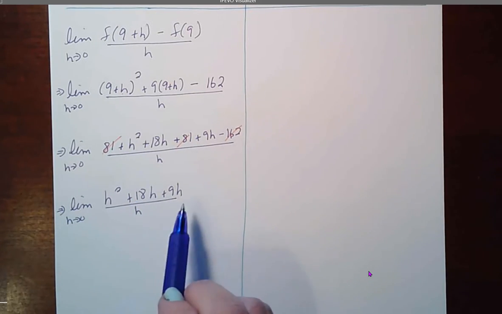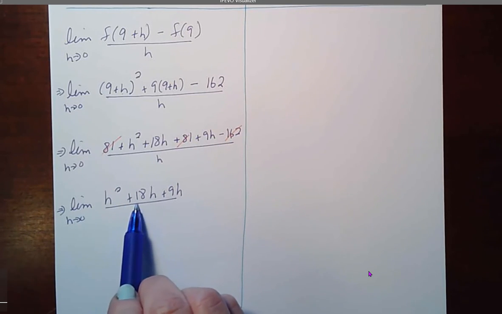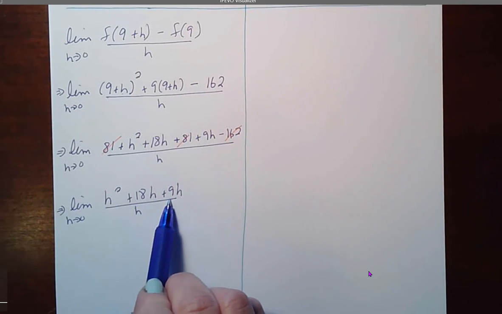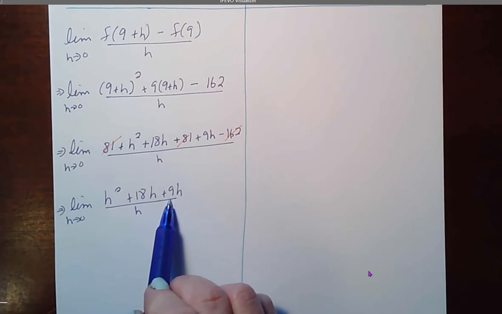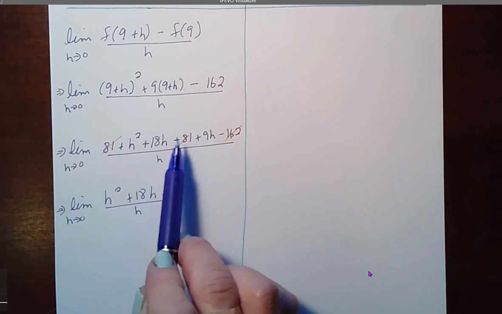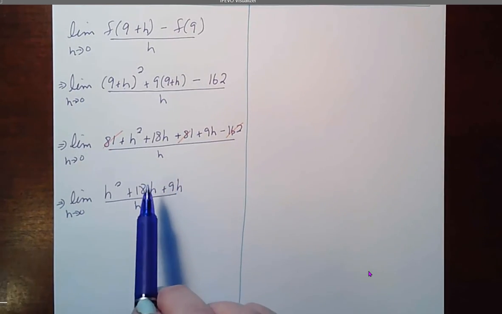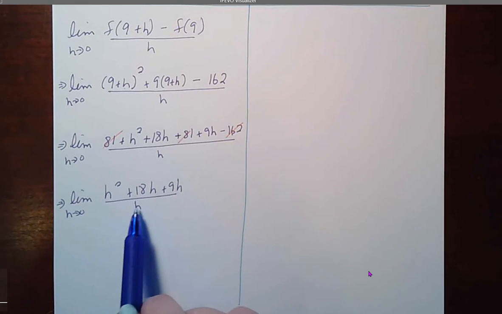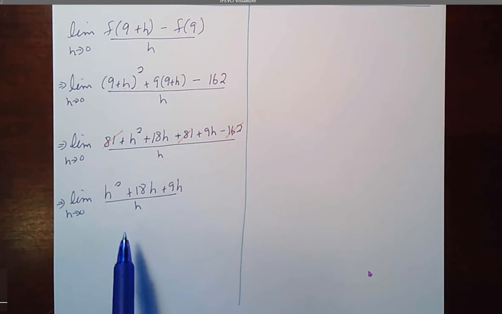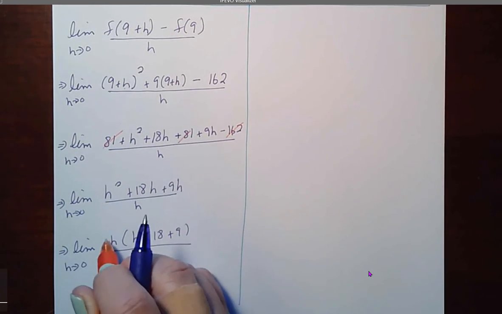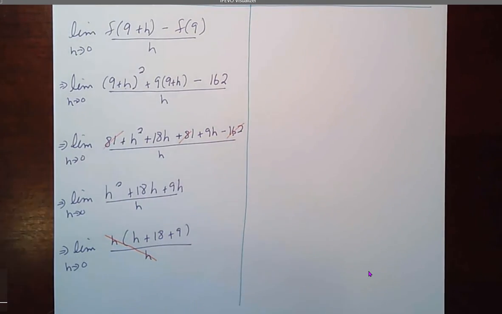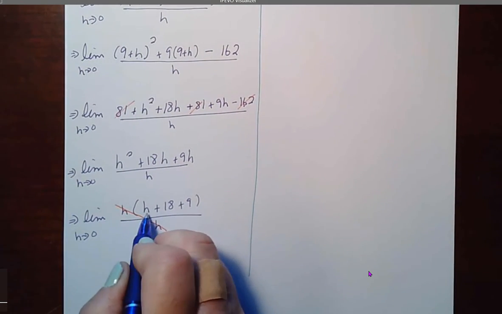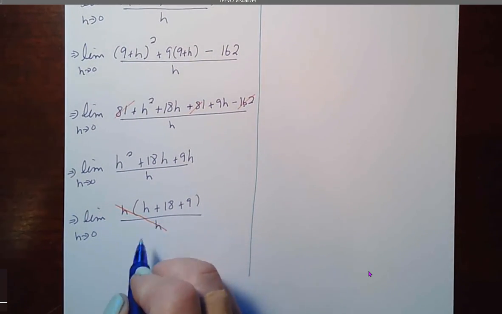Okay, so if you get a term up here in the top that does not have an h in it, then stop, go back, and check your work. Somewhere in the arithmetic, something messed up. So we're going to factor out an h, cancel it, and then take the limit. So I factored out the h. Those cancel out. I'm left with this. There's nothing else to simplify. Now take the limit.